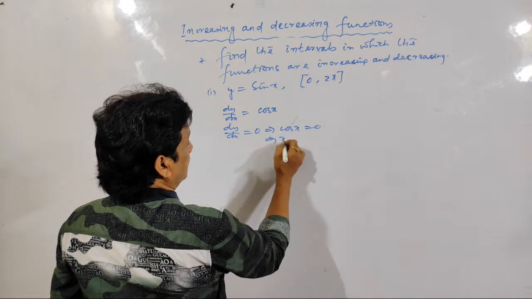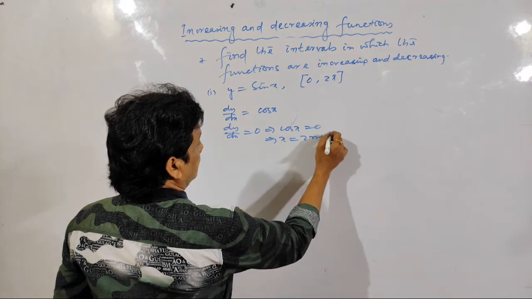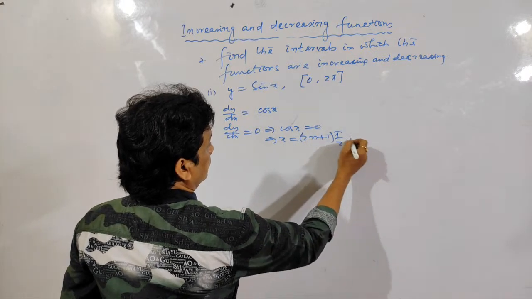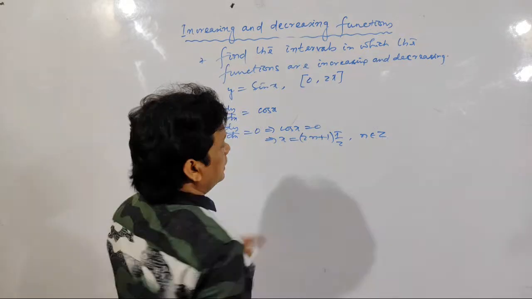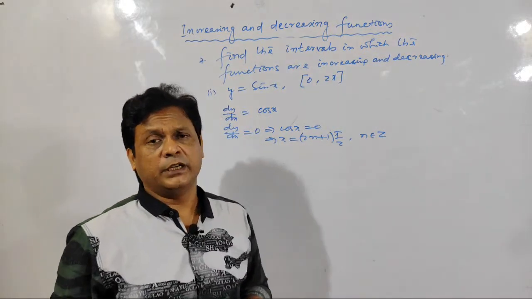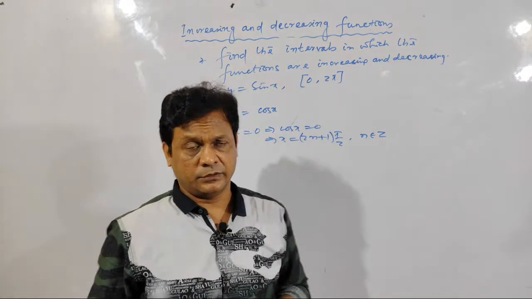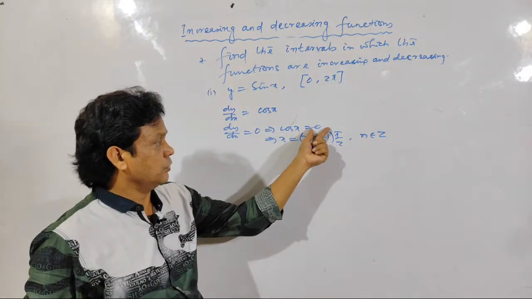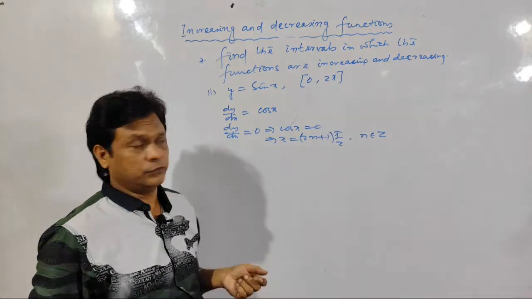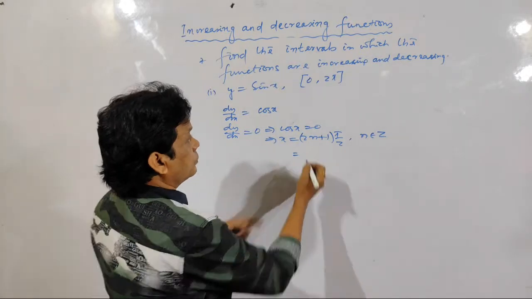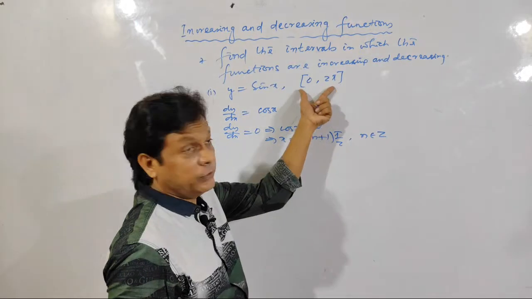So it implies x is equal to (2n plus 1) into pi by 2 for n belongs to Z. This is the definition in the trigonometric equations. Clear? Cos x is equal to 0 implies x is equal to (2n plus 1) into pi by 2 for n belongs to Z. But you have to write the points between 0 and 2 pi.